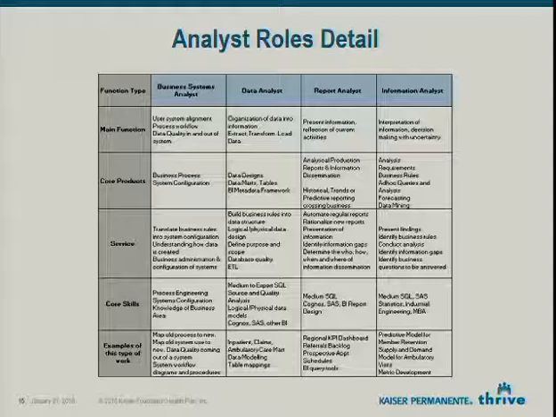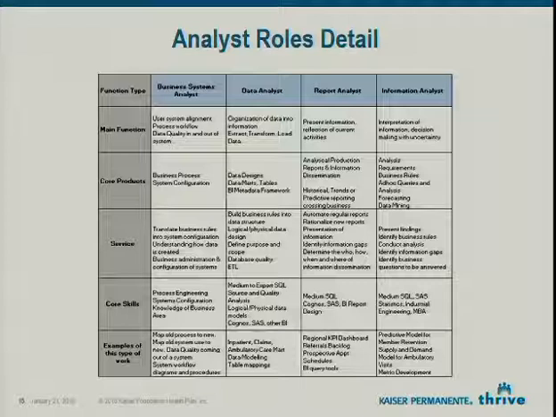SAS has some capability to do graphics and create reports. And I hate to say it, but Excel is always a big one. As much as I'd like to say we just stick to these very elegant tools, a lot of times our end user just wants an Excel report. So having Excel expertise is always a plus as an analyst.